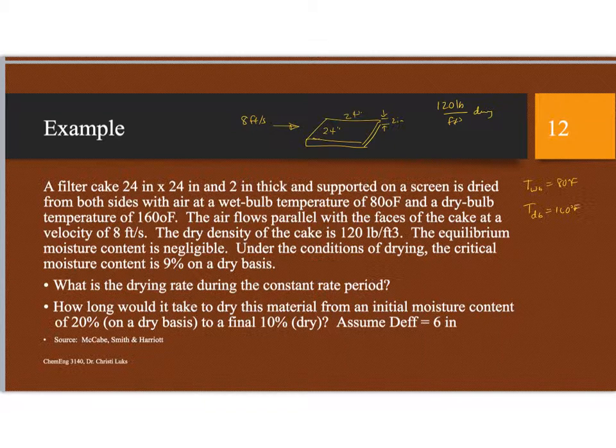Under the condition of drying, the critical moisture content is 9% on a dry basis. And what we want to find is the drying rate during the constant rate period and how long it will take to dry the material from an initial moisture content of 20% to a final of 10%. And we'll assume an effective diameter of 6 inches.